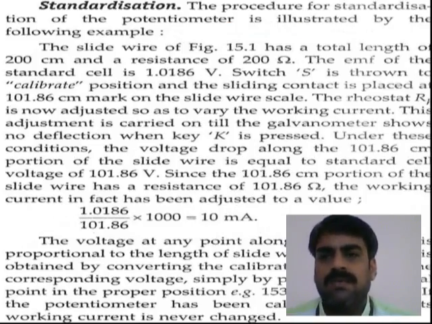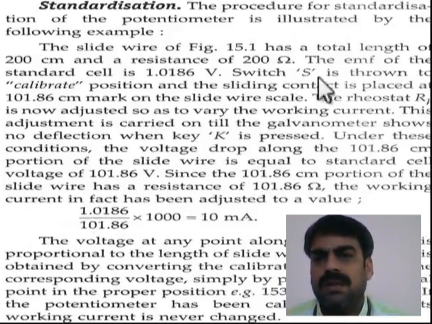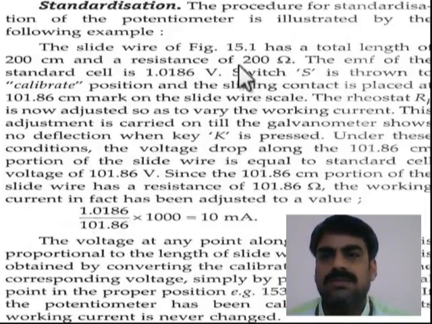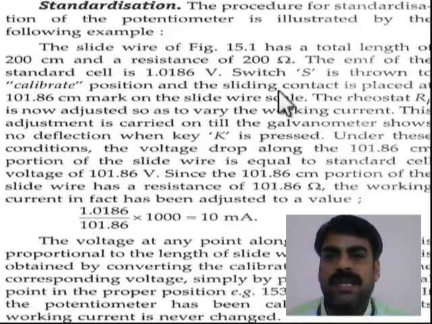Let us take one example to understand the standardization process in a better way. So the procedure is given here. This is already known to us. The resistance of the wire is 200 ohm and the standard cell is 1.0186 volt, and we are throwing the switch S to calibrate position, and placing the sliding contact at a distance of 101.86 centimeter.